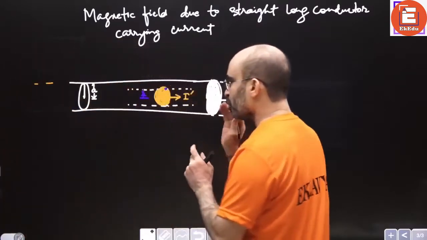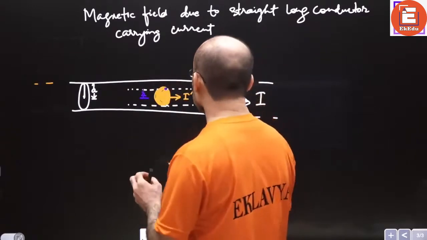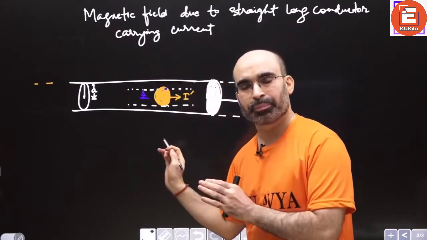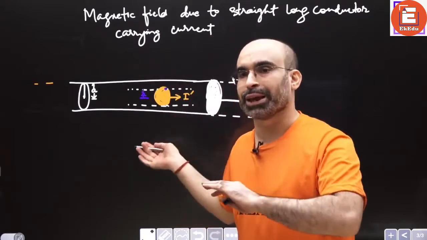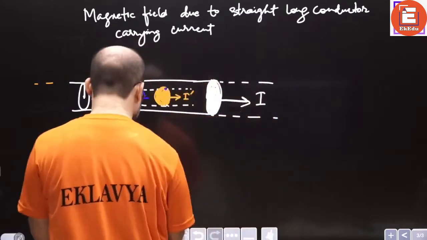So this we need to understand. Which law is applicable in this? Ampere's circuital law is applicable. The Biot-Savart law we cannot use here. Okay, now let us find out how to find the magnetic field.